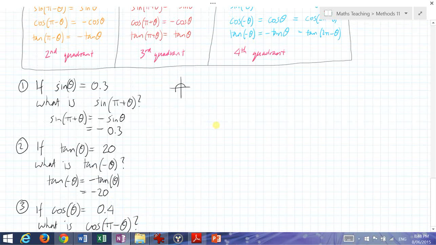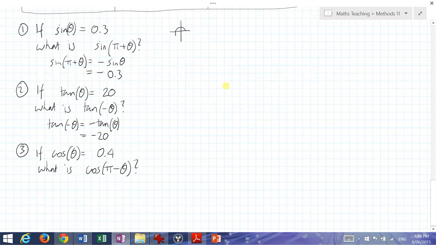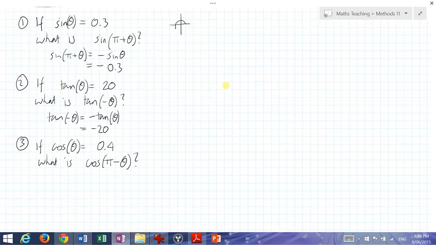So pi minus theta is in our second quadrant, that's the orange writing. Cos of pi minus theta we can see equals negative cos of theta. Cos of pi minus theta equals negative cos of theta, so it's going to equal negative 0.4.